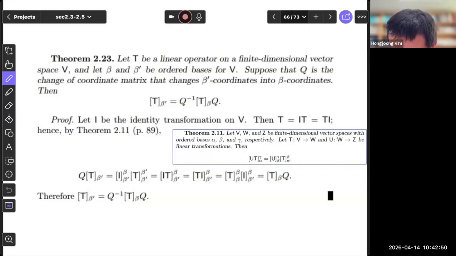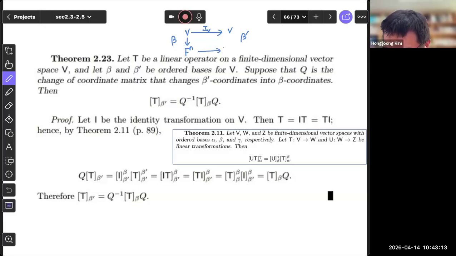Given this identity mapping, when beta prime is used in the domain and beta is used in the codomain, then we have the standard representation from V to Fn space.